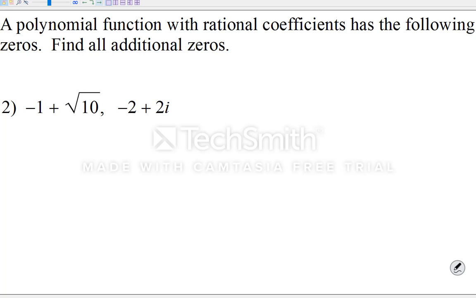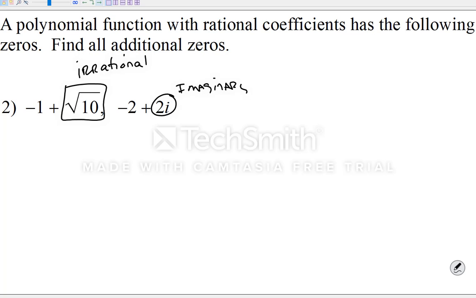Looking at number 2. All right, again, we're going to use the conjugate root theorem if I need to. This square root of 10 is irrational. Okay, and 2i is going to be imaginary.